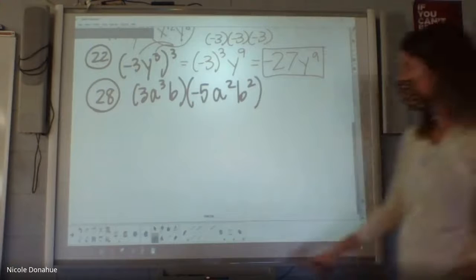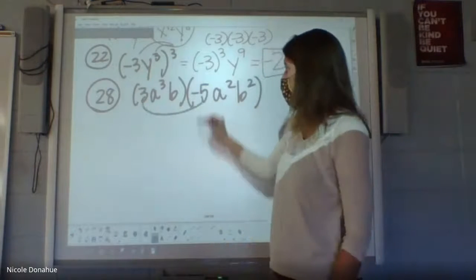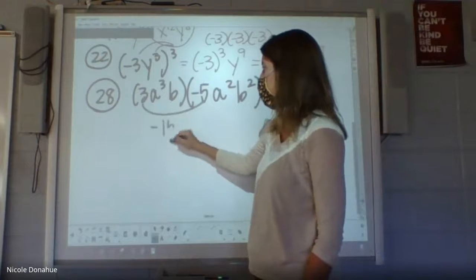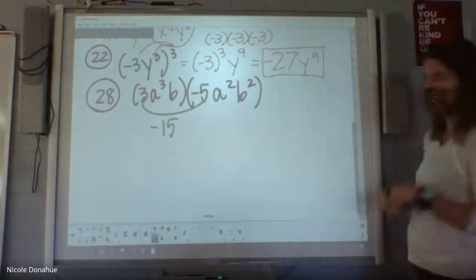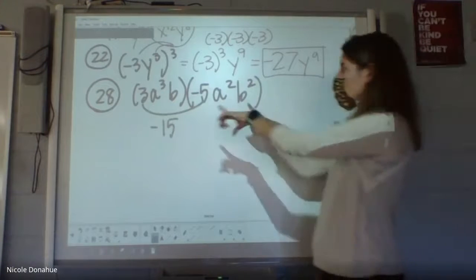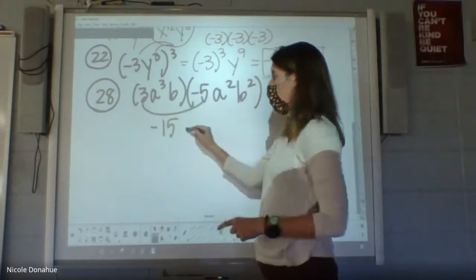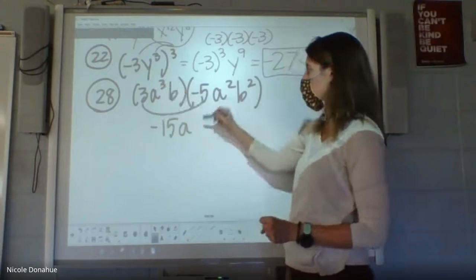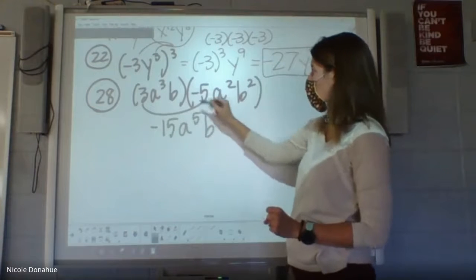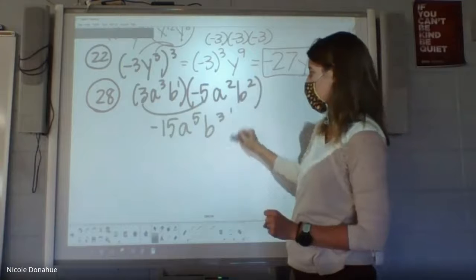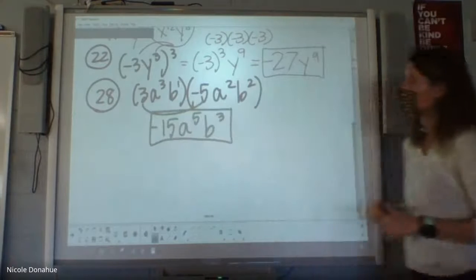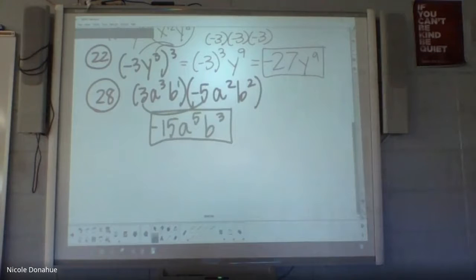So I'm just going to multiply the parts that go together. So 3 times -5 is a -15. Just multiply like normal. But now when I'm multiplying with the same base, I'm going to add their exponents. So 3 and 2 is going to be 5. And then 1 and 2 is going to be 3. So again, you multiply the coefficients, but you add the exponents.